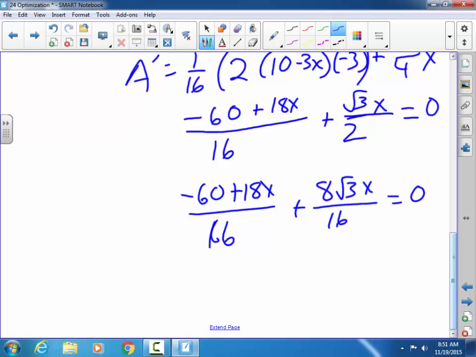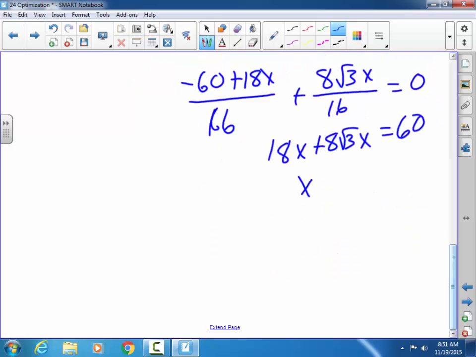So now I can throw the denominators away. Would y'all agree with that? Multiply everybody by 16. So now I just have 18x plus 8 root 3 x equals 60. So x is 60 divided by 18 plus 8 root 3. Now, I did a lot in my head, so please don't hesitate to say, what?